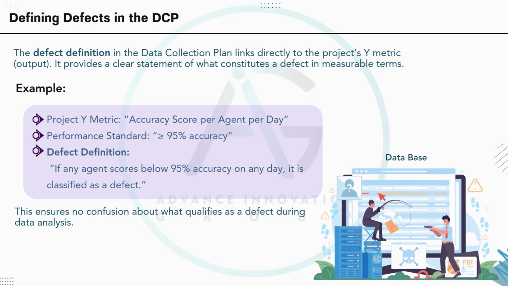It removes guesswork and ensures everyone involved in data analysis is working from the same definition. Whether it's the operations manager, quality analyst, or team lead, they'll all classify and report defects the same way. Clearly defined defects ensure we can consistently track performance and focus our improvement efforts where they are truly needed.